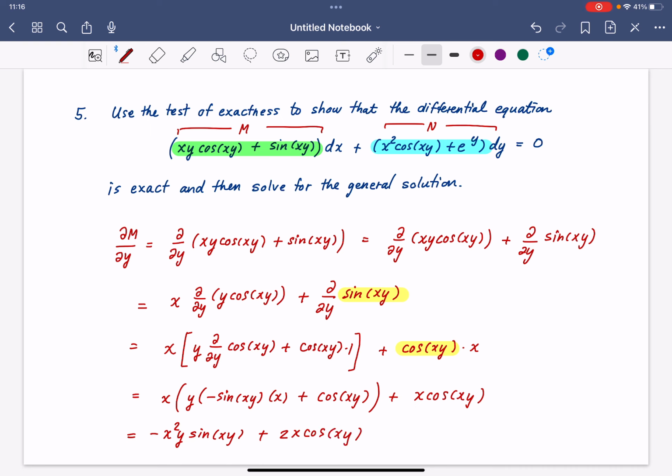So this is differentiate M with respect to y. So now we're going to differentiate N with respect to x, which is a little bit easier, I think. Should be. Alright, so one more page.